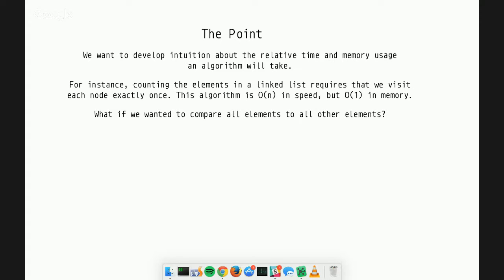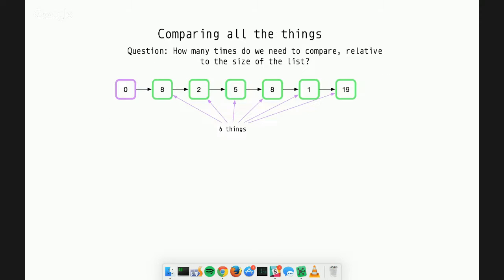But what if we wanted to compare all of the elements in the list to all of the other elements of the list? So I'm just going to skip on to the next slide so I can show you what I mean, because the wording is a little bit confusing. What we want to know is how many times do we need to compare if we're taking each element of the list and comparing it in some way to every other element of the list.